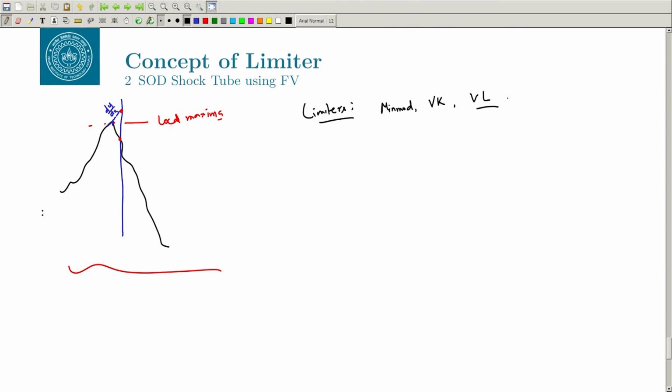Their job is to ensure that the gradient you are getting does not overshoot the local maxima and minima, and by doing this, they ensure that these schemes become total variation diminishing.